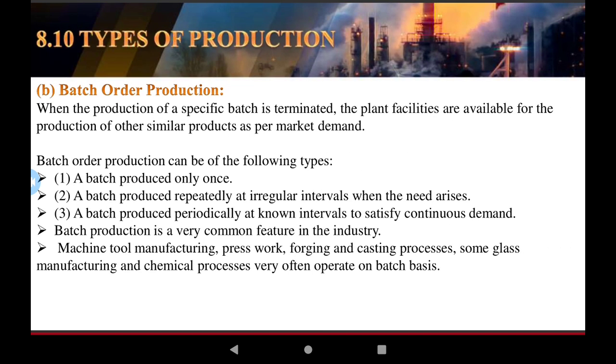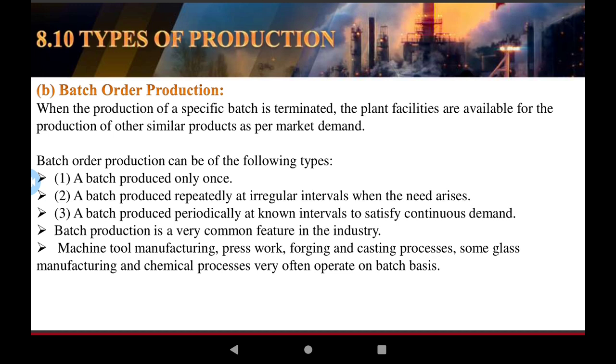In batch order production, when the production of a specific batch is determined, the plant facilities are available for the production of similar products. All the products are made in the production of the same or similar product as per market demand.